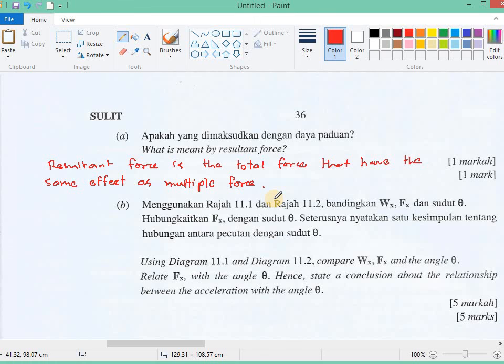Okay, total force that has the same effect as multiple forces. That means the resultant force is a result of a few forces combined together.